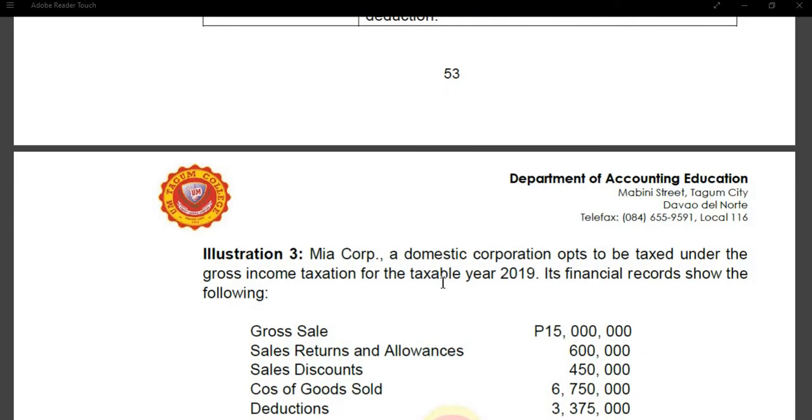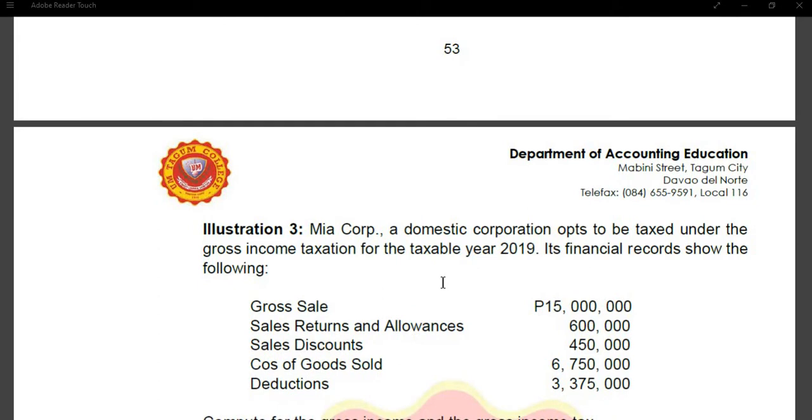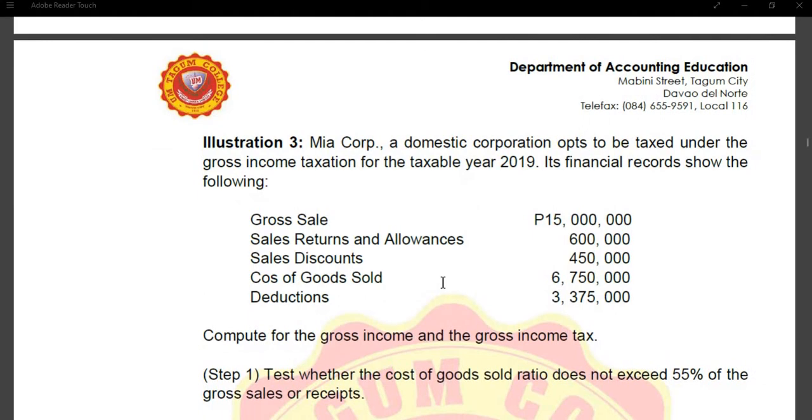Illustration 3. Mia Corporation, a domestic corporation, opts to be taxed under the gross income taxation for the taxable year 2019. Its financial records show the following.